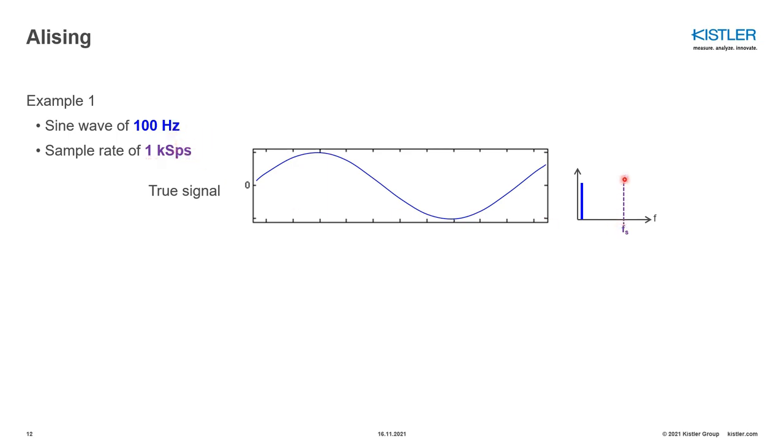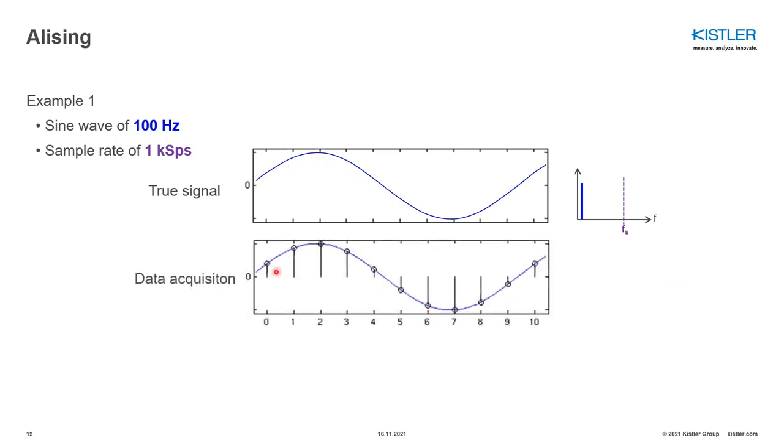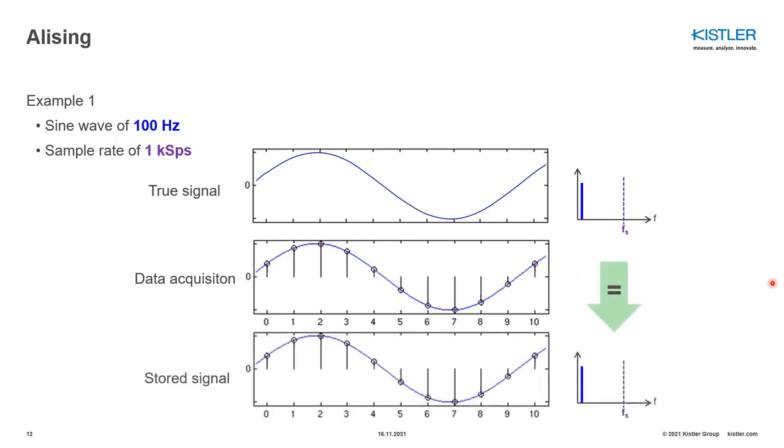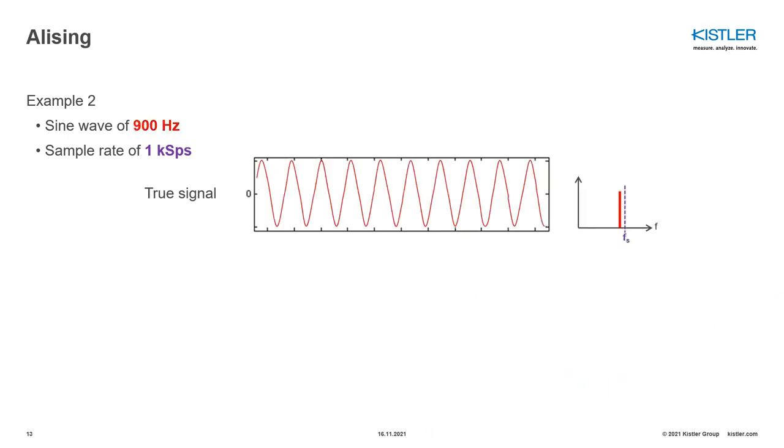So one true complete signal will consist of 10 sampling points, and this is what you can see here. We have 10 of them. It means that the stored signal will be correct. We are sampling 10 times per true cycle, so we have the right representation of the true signal.